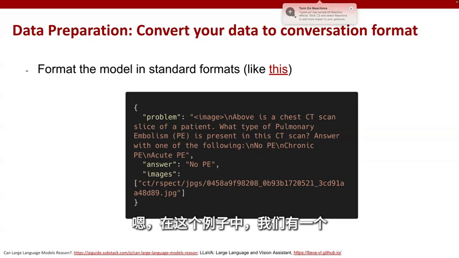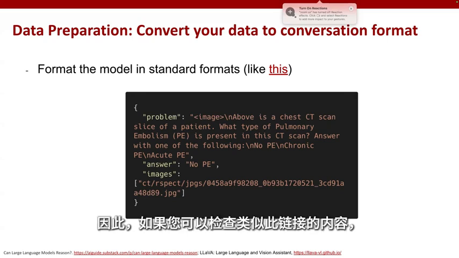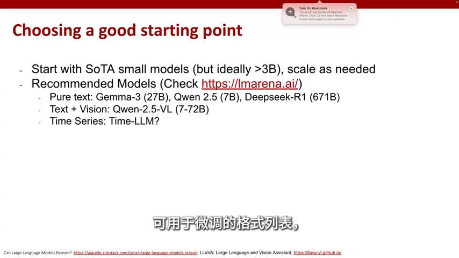In this example, we have a question and answer in this dictionary format, which has a problem and answer key and a list of images here. We'll release the slides, so if you check this, you'll see the list of formats you can use for your LLM fine-tuning.